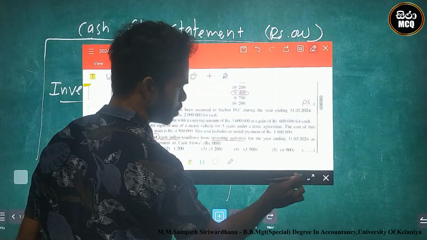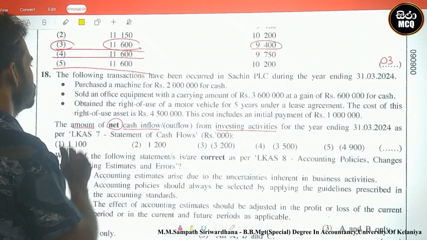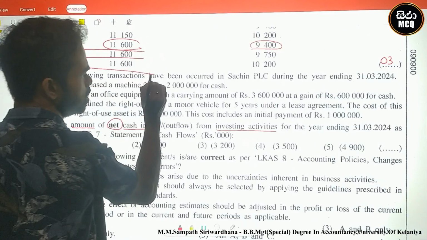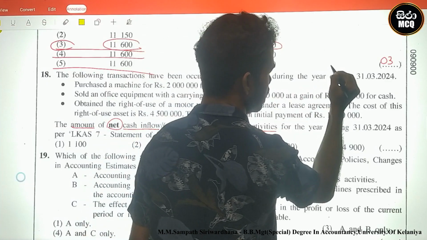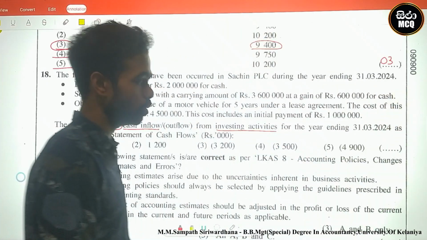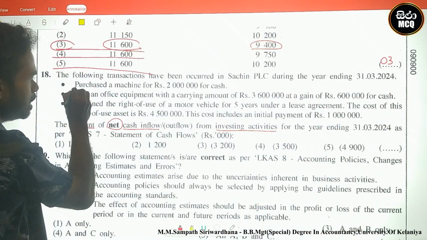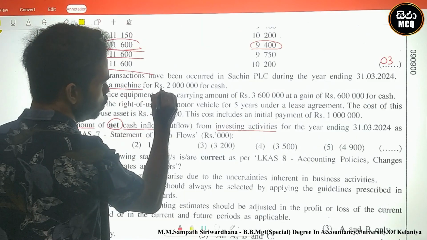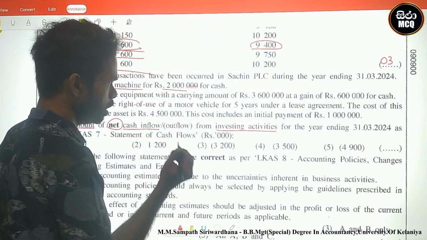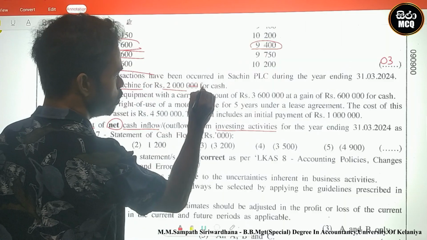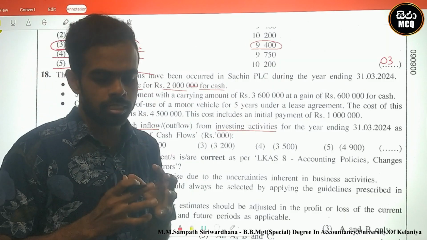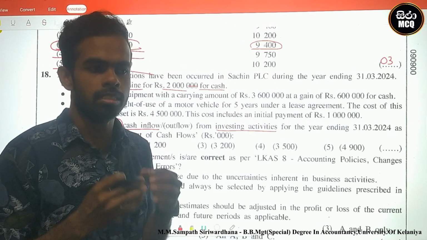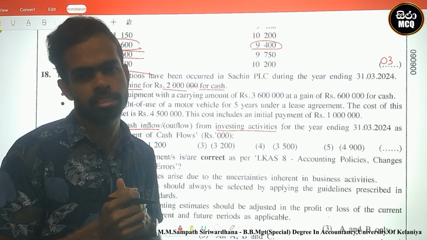First one: the following transactions have occurred in Sachin PLC during the year ending 31st March 2024. Next one: purchased a machine for 2000, 2 million, for cash. This is an investing activity, a non-current asset related transaction.